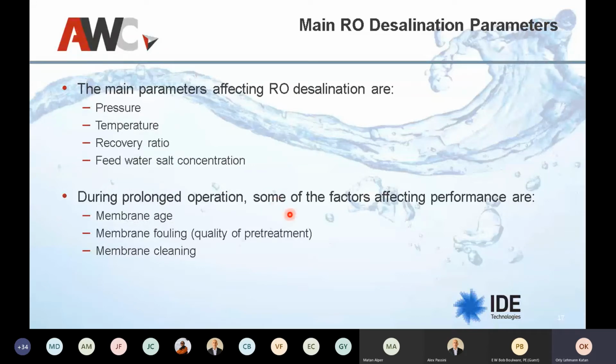And then there are some things that happen during operation that we have to take into consideration. Membrane age, the fouling that happens over time, the cleaning procedures that are being taken and their duration, they all affect the membranes over time and can affect also the quality and quantity of our permeate.